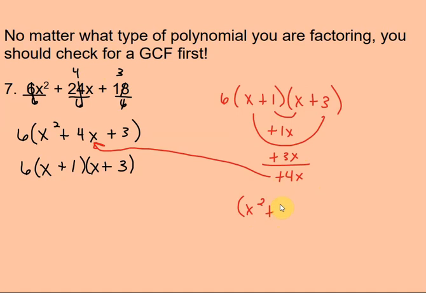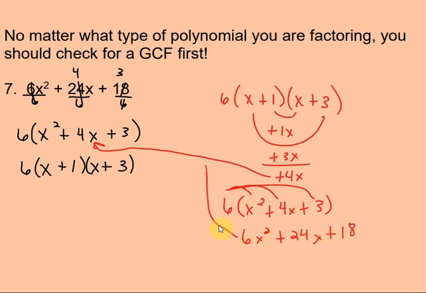Then we have this plus 4x. And then 1 times 3 is 3. Bring down the 6. Now, if I were to distribute the 6 to all of these terms, that would give me 6x squared plus 24x plus 18, which is what I started with at the very beginning.